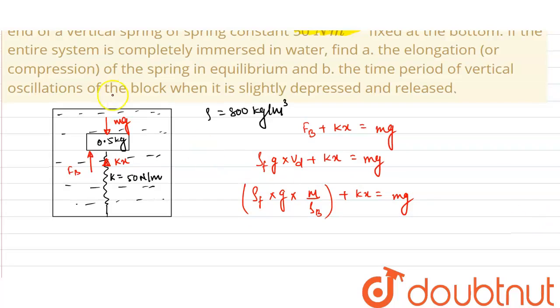Now substitute the respective values. The density of fluid is 1000 kg per meter cube, into acceleration due to gravity, into mass of the block 0.5, divided by density of the block 800 kg per meter cube, plus spring constant K is 50 Newton per meter into x, equals mg, where m is 0.5 into g.